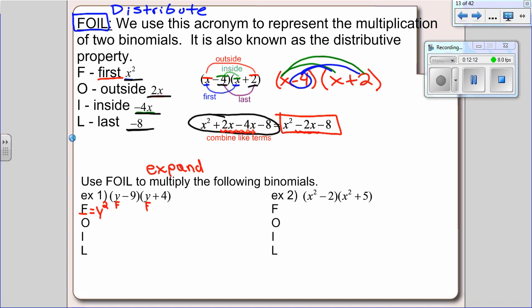The O in FOIL means multiply the outside terms. This is the outside term right here, and this is the outside term right here. Y times 4 would give me 4y. The I in FOIL stands for inside terms. The inside terms are right here.